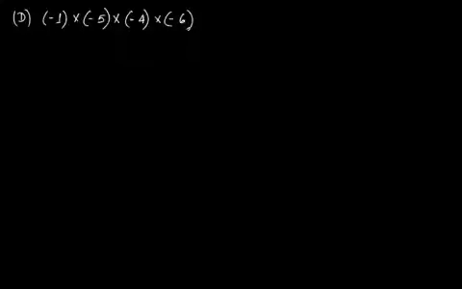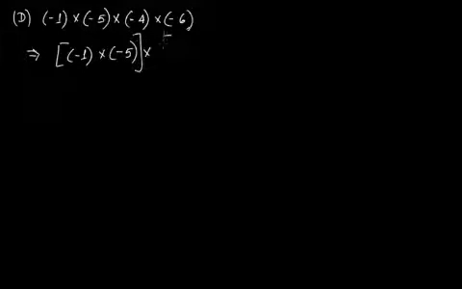Okay, so this is the last one. Here you have 1, 5, 4 and 6. So what can you do? These are very small numbers, there are no 2-digit or 3-digit numbers in this question. So what you can do is just proceed, like group together minus 1 and minus 5, and then you group together minus 4 and minus 6.